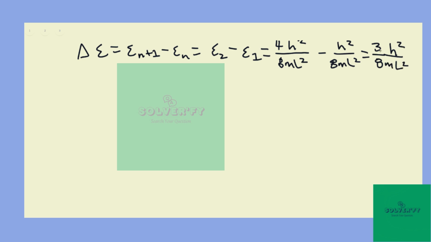So if you look at this, this is just 3 times the energy of level 1. So E2 minus E1 is equal to 3E1.